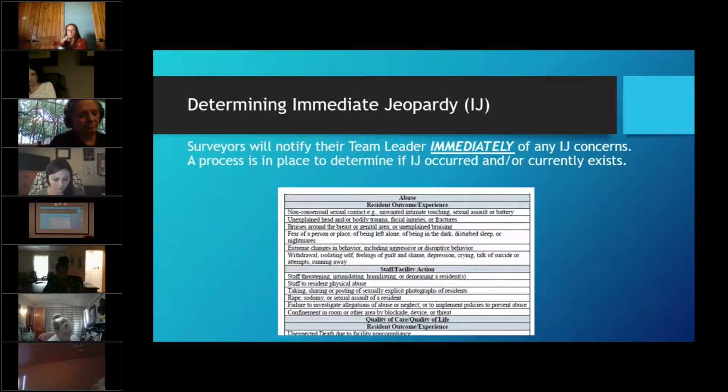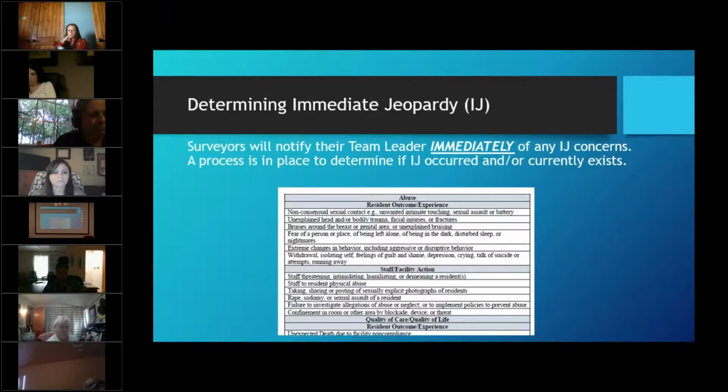And so you could have somebody for your region that you've never dealt with before, and you may have a different survey team that you've never dealt with before from now on. Because all the surveyors are for the whole state. They're not separated by assisted living, ICF, nursing home, or any of that. They're all just surveyors.